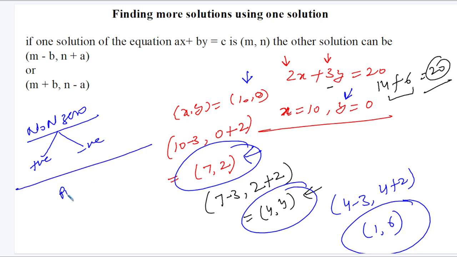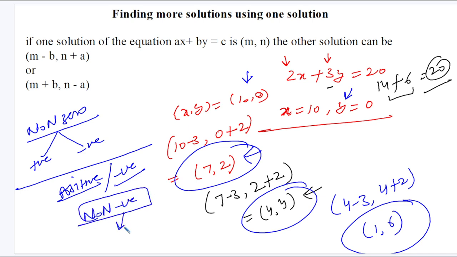If the question says only positive, then zero won't be taken. If the question says negative, even then zero won't be considered. So the question will be specific about the kind of solutions you're looking for. Most probably they'll restrict you to positive solutions only. The trick can be about non-negative: when they talk about non-negative, then you can consider zero because zero is not a negative number.